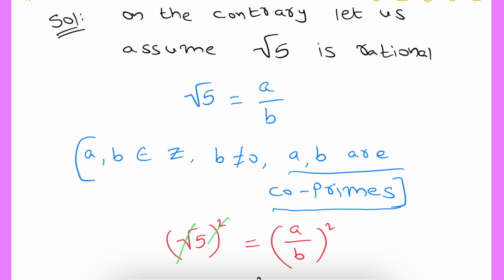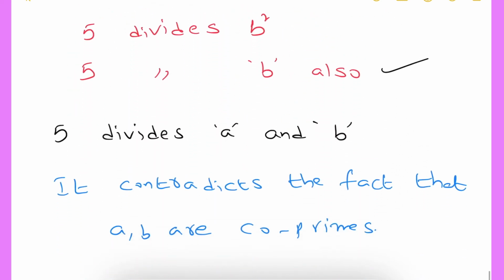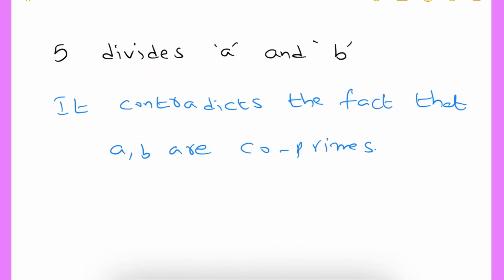Co-primes are nothing but, for two numbers if we take, those two numbers should have only one as the common factor. But in this case, 5 is dividing a and b, so it means except one, some other factor also is there, that is 5. So that's why we write it as it contradicts the fact that a comma b are co-primes. So root 5 is an irrational number.